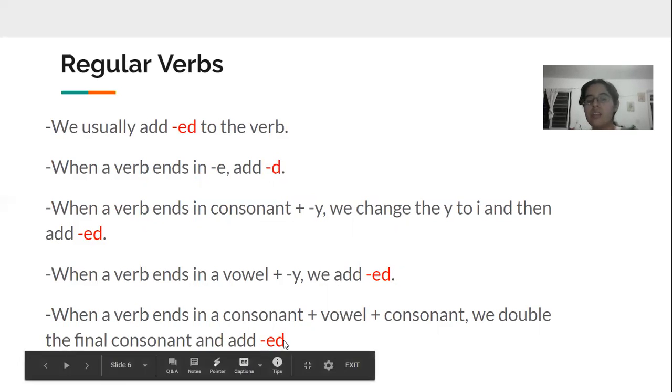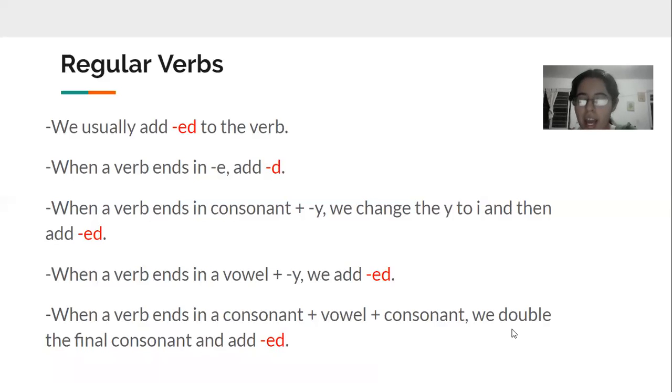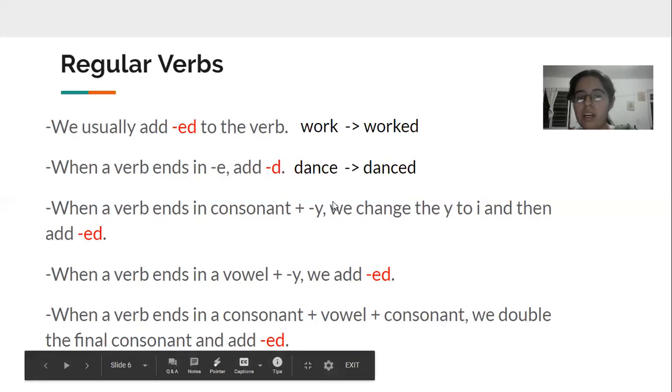To make this clear, we're gonna see some examples. So number 1 says, we usually add ed. Work, worked. That's how it is a lot of the times. But when it ends in e, we just add the d.